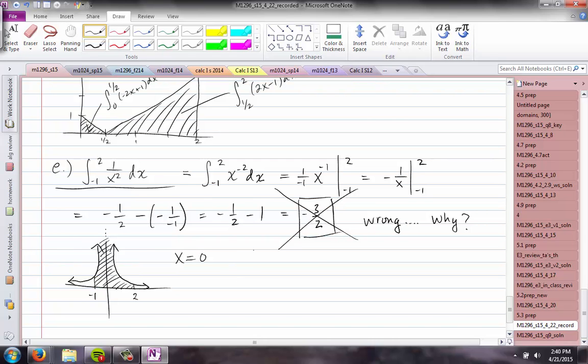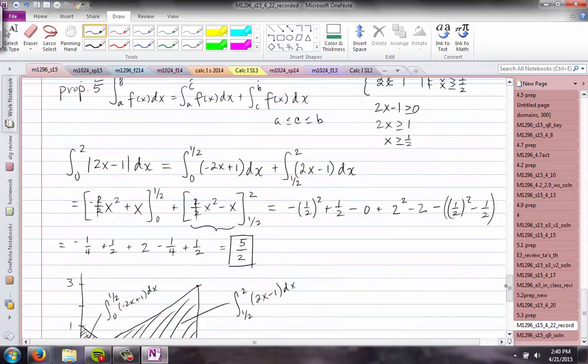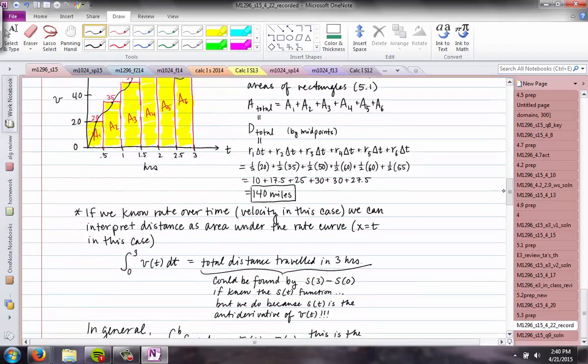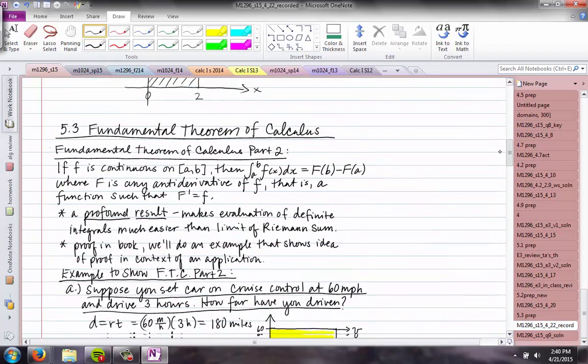So let's look back at the fundamental theorem of calculus, part 2. What did we miss?